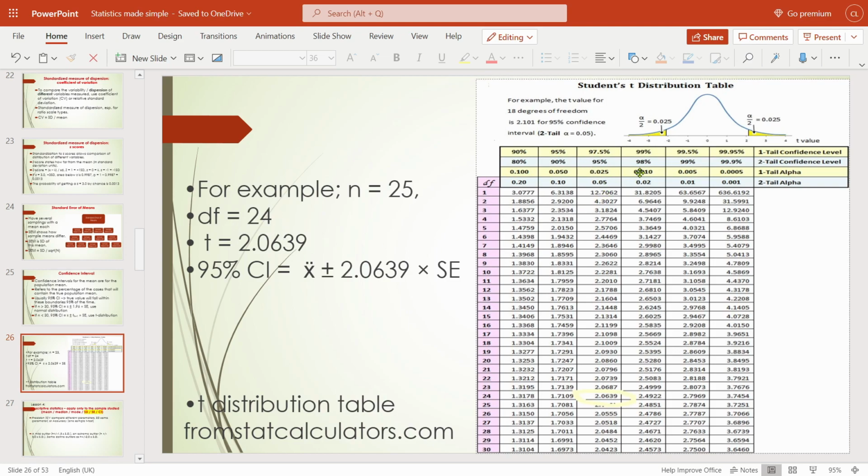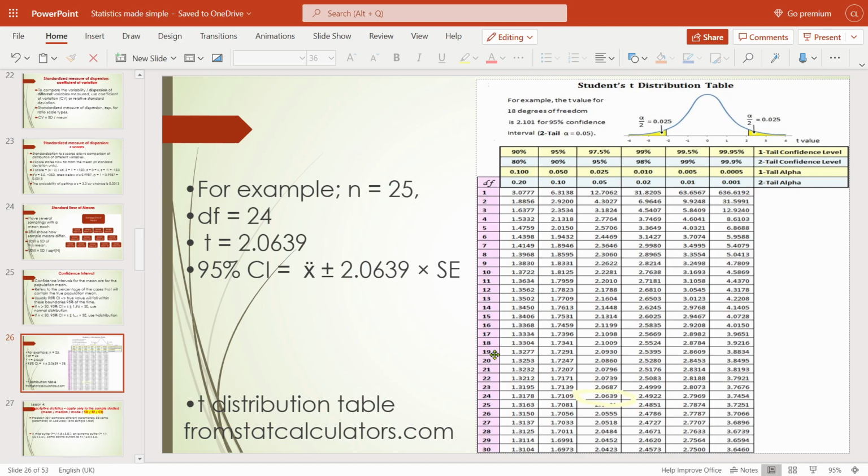As we are looking for two-tailed tests, the p is 0.025. So for two-tailed tests, the critical t value is 2.0639.